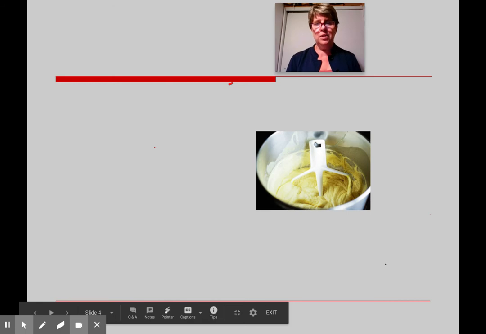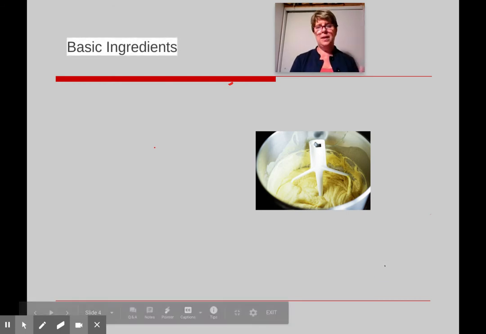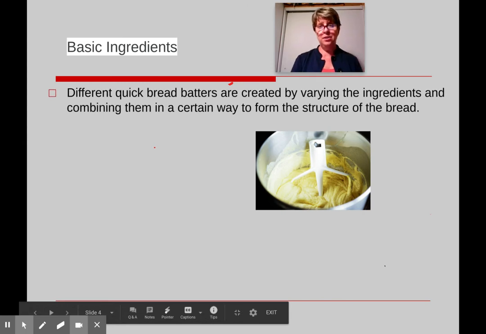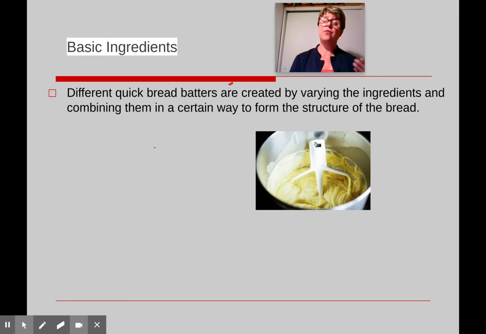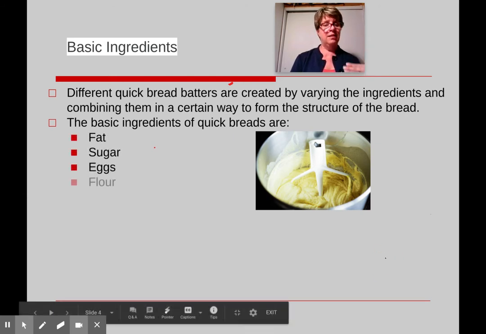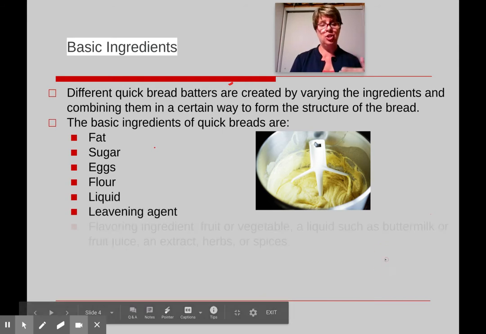All right. So here are the basic ingredients for a quick bread. Different quick bread batters are created by varying the ingredients and combining them in a certain way to form the structure of the bread. So the basic ingredients of quick breads are fat, sugar, eggs, flour, liquids of some sort, and a leavening agent.